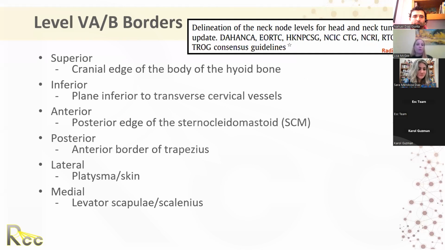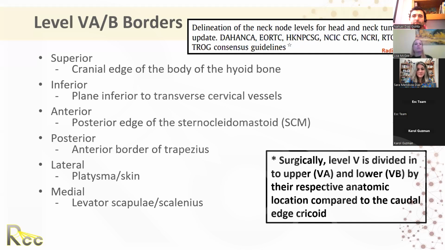Moving on, the posterior border is the plane defined by the anterior border of the trapezius muscle. Laterally, the anatomical level goes to the platysma and skin, and medially that border is defined by the levator scapulae and scalenus muscle.